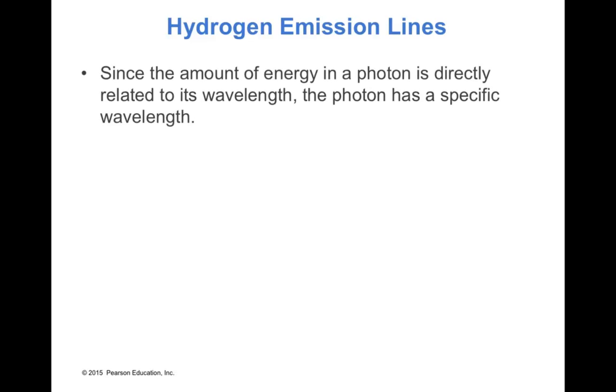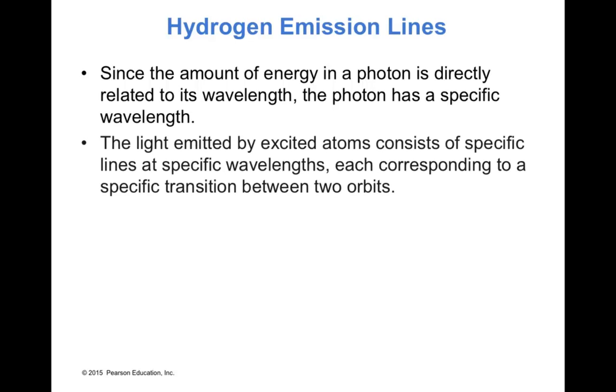Since the amount of energy in a photon is directly related to its wavelength, the photon has a specific wavelength. The light emitted by excited atoms consists of specific lines at specific wavelengths, each corresponding to a specific transition between two orbits.